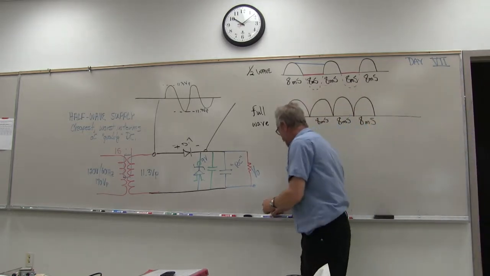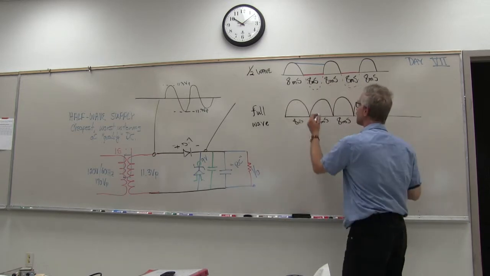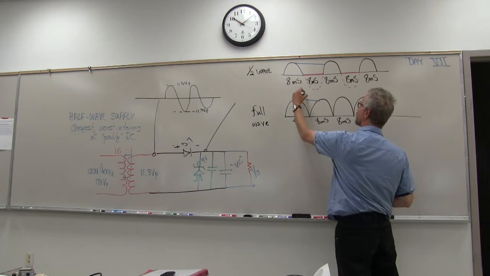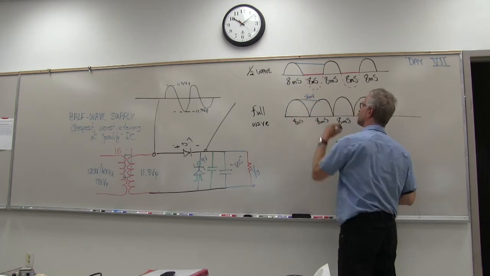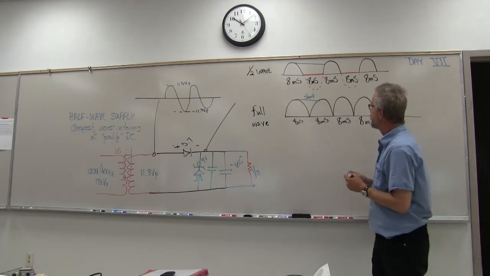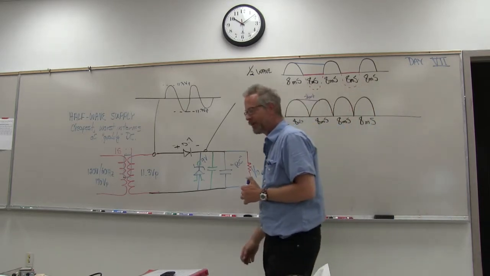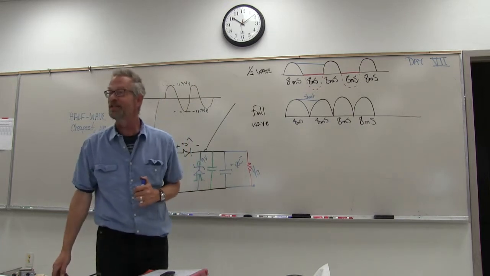And now, if I can do that, look at what my cap only gets to discharge for a short time. Which means you're going to end up with a smaller amount of ripple because the cap is getting charged twice as often now.